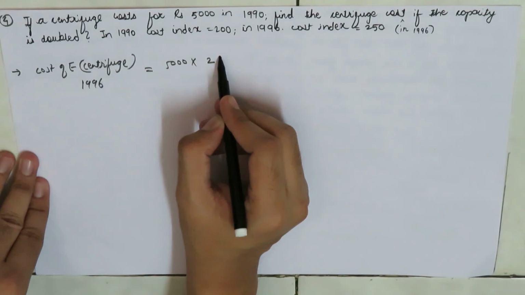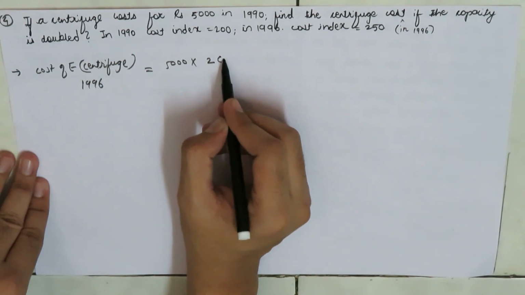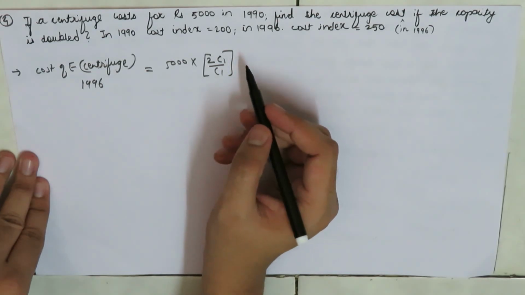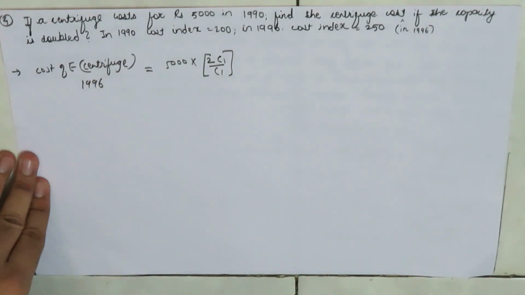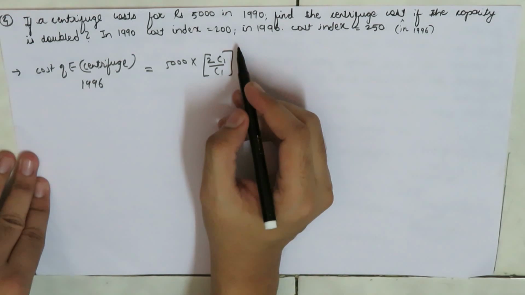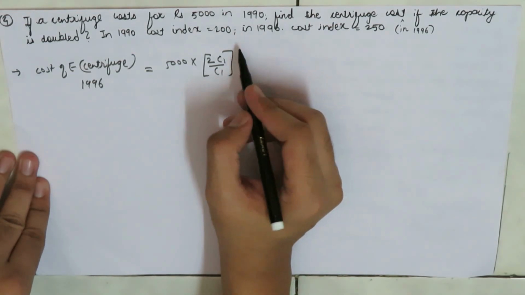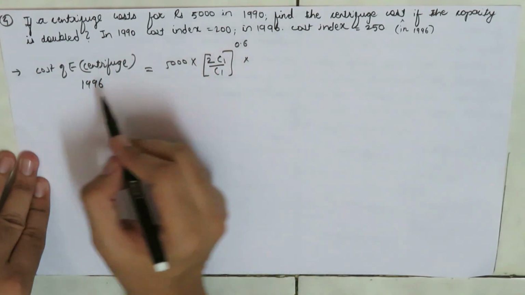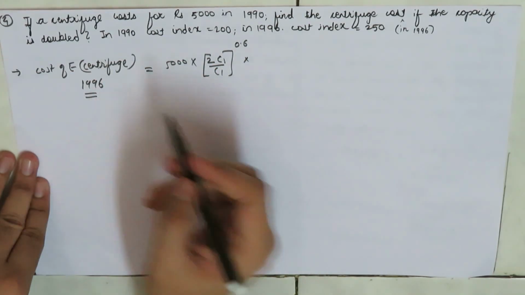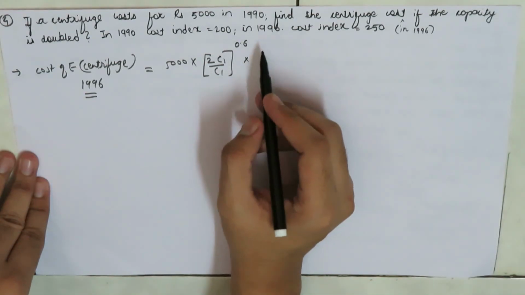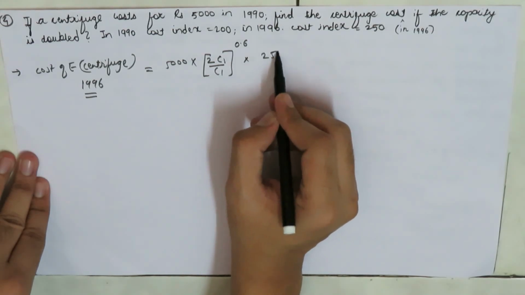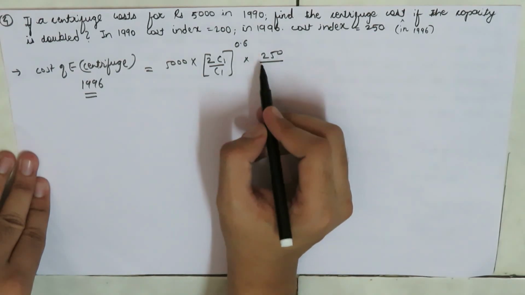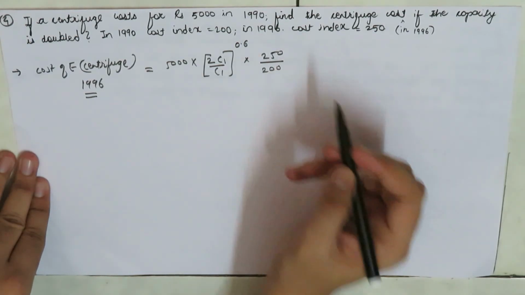Suppose the capacity in the year 1990 is C1, so divided by C1 to the power of the exponent. They have not mentioned the exponent, so here we are directly going to use the 6/10 factor rule, so this will be 0.6, times the index value at present, that is the index value at 1996, which is 250, over the index value at 1990, which is 200.